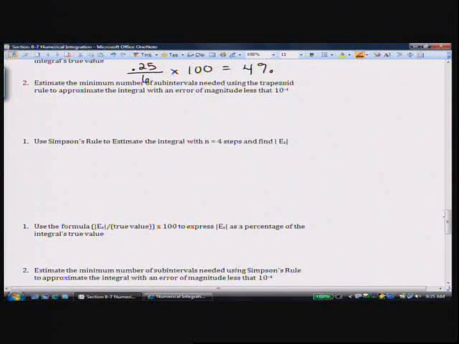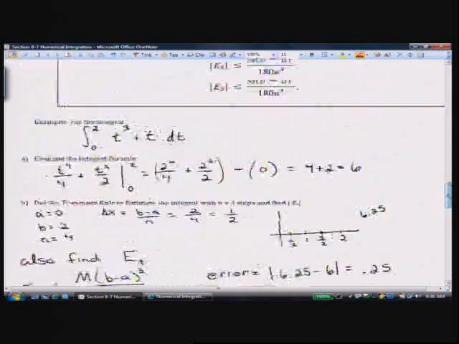Okay, so Simpson's rule to estimate the integral with n equals 4 steps and also to find the error, which in this case all we have to do is just look at the difference. So we're going to go back to our Excel, and we'll try using Simpson's rule.